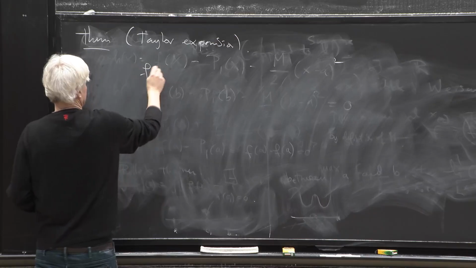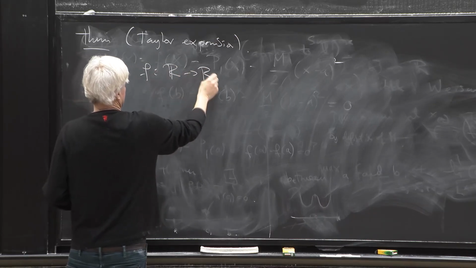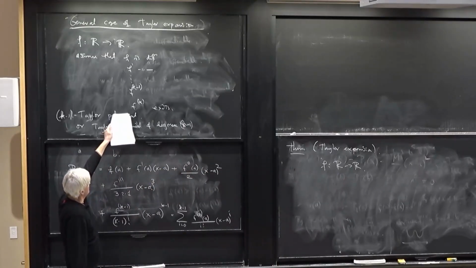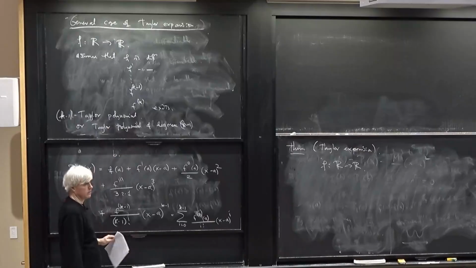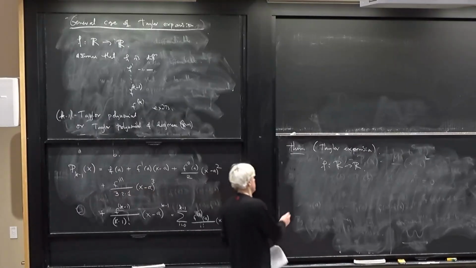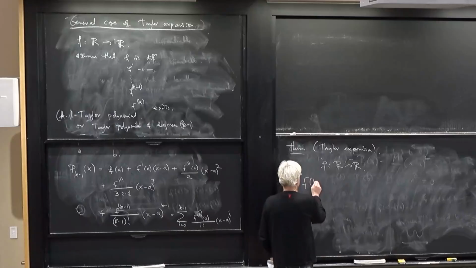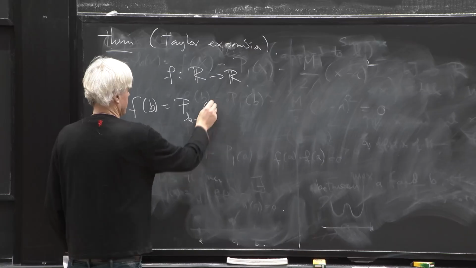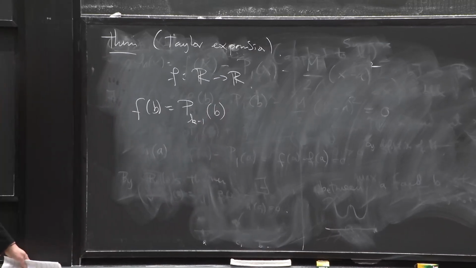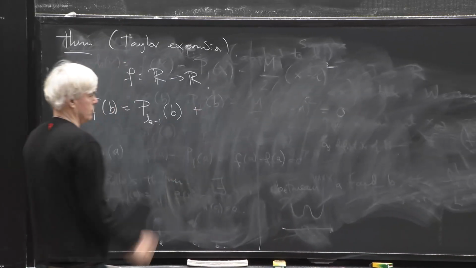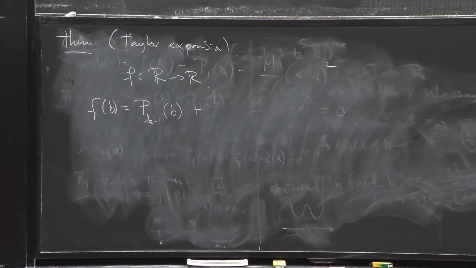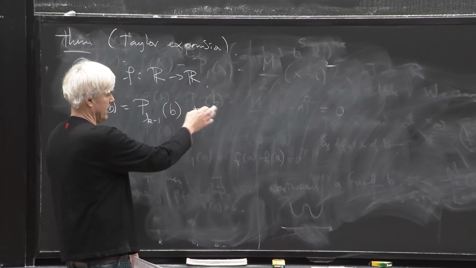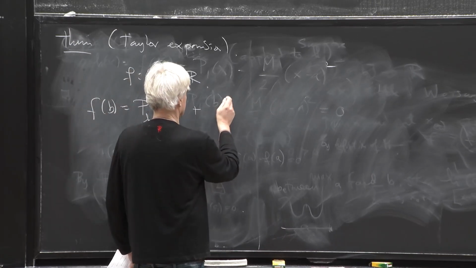So you have again this function from R into R, and you have that all of the derivatives up to and including the k-th derivative exist. And then you have that f of b is equal to the k minus 1 Taylor polynomial at b plus the remainder term. The key point here is that it's easy to estimate the remainder term because there's an expression for it.